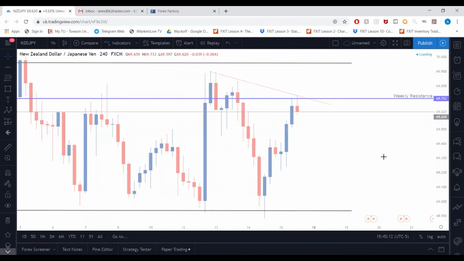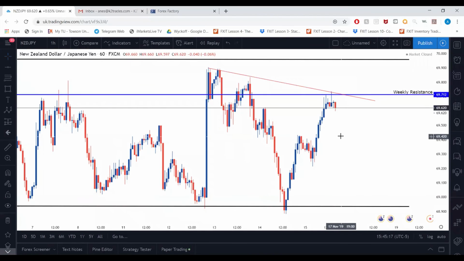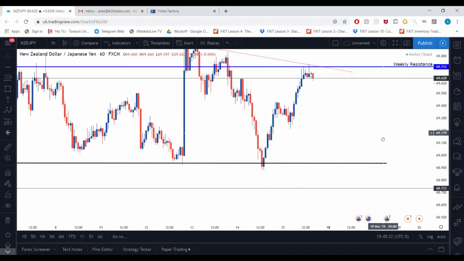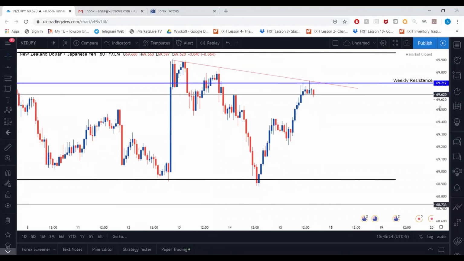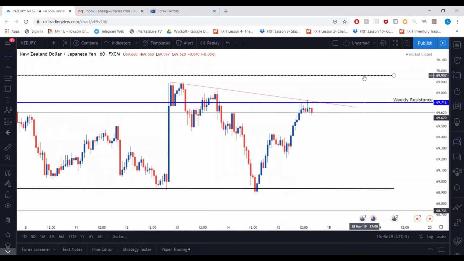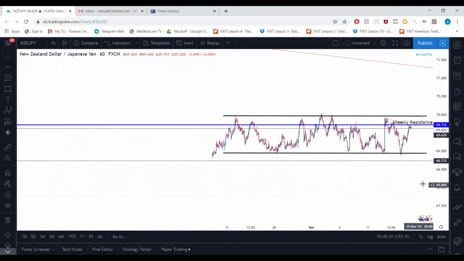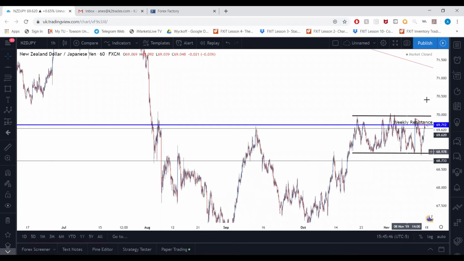So I do definitely favor this if we start breaking, and let's see if we can drive it down to 68.730. But as long as it doesn't start breaking above 70, I do favor this sell on NZD-JPY.